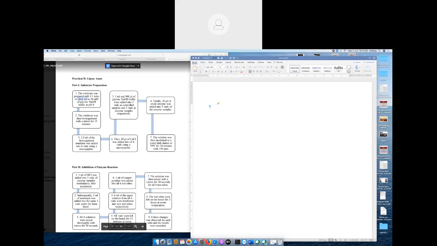For triglyceride, lipase acts on the triglyceride. And then this is the glycerol.